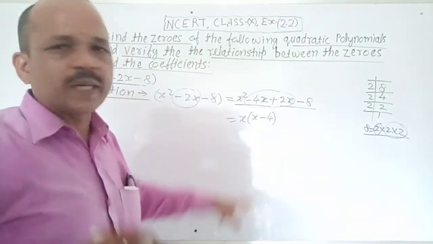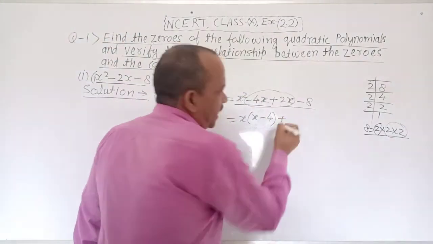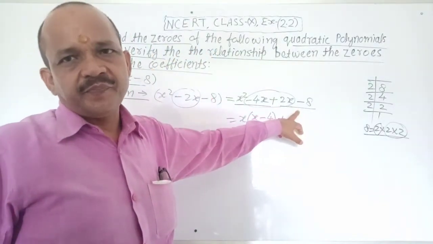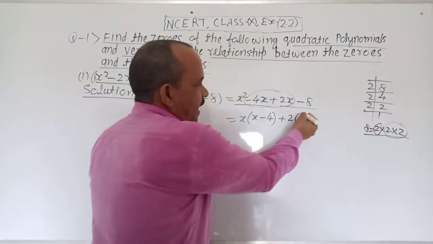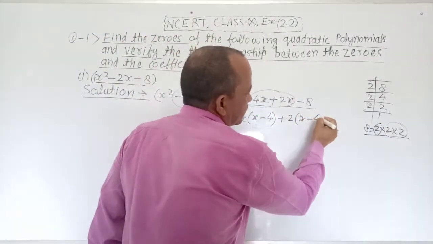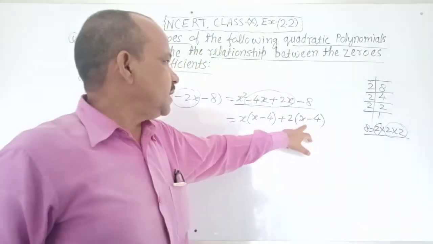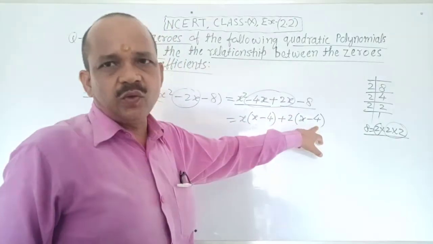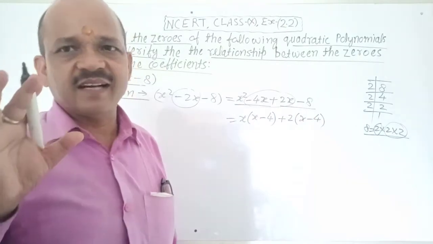It means your process is correct. Now you take common 2 in the second pair. Here x and here minus 4. If you multiply 2 and x, it becomes 2x. If you multiply 2 and minus 4, it becomes minus 8. It means your process is correct.